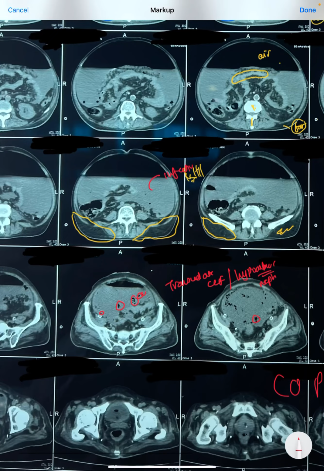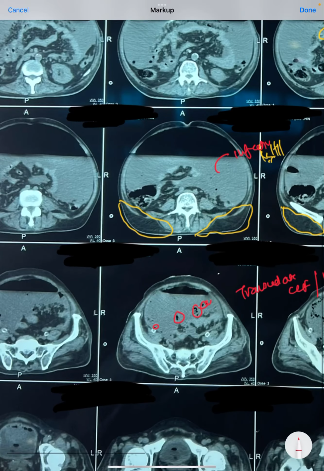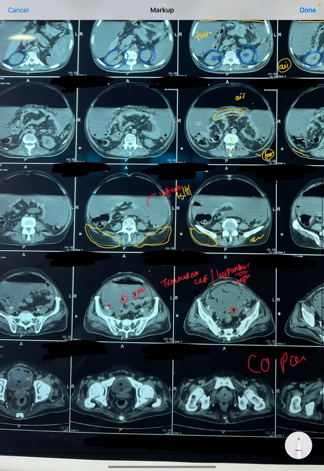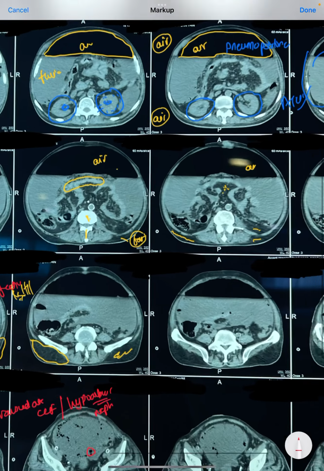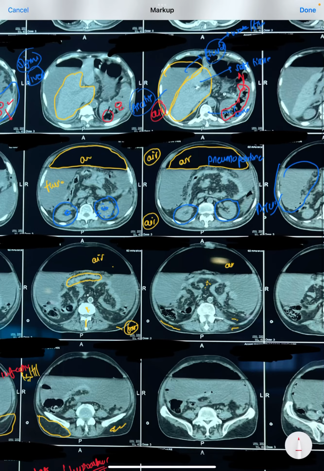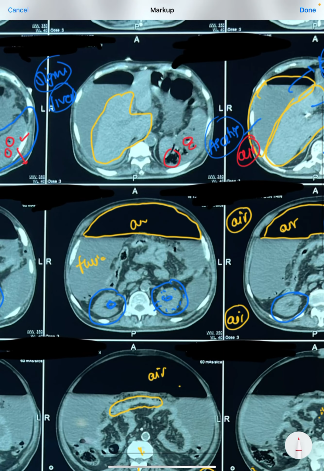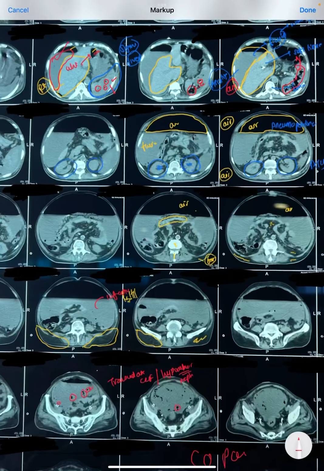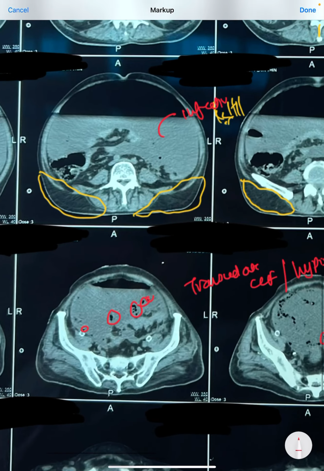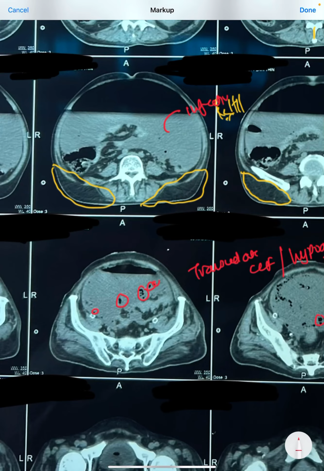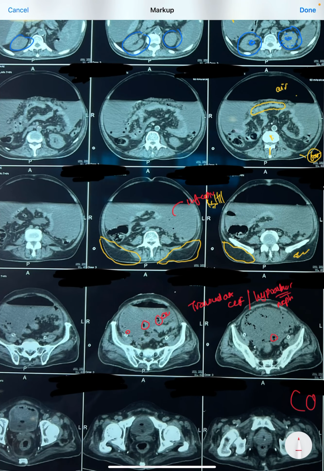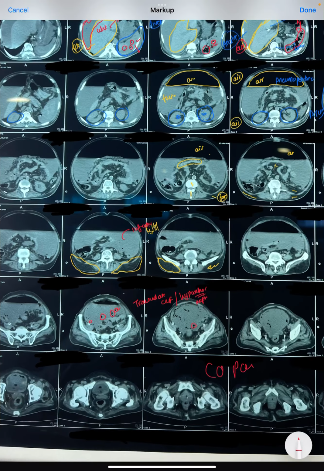The viscera is okay, so it is all the spleen which was completely infarcted, which was secondarily infected, and there was complete damage to the spleen, so it has lost its radio density. There was so much air present. There was pneumoperitoneum, and there were so many air pockets in the ascitic fluid, telling that this is all an infarcted spleen. That's all for now, and thank you.